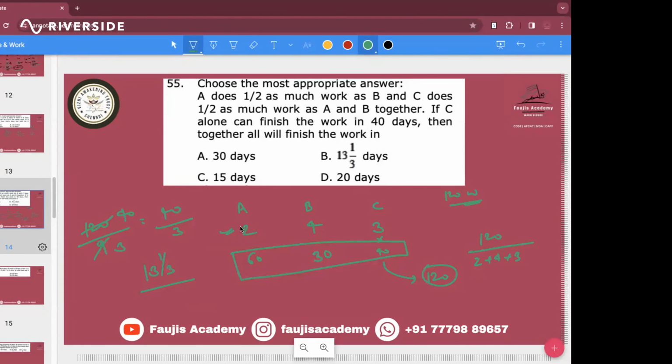So A plus B together is 6, half of it is 3. C finishes off in 40 days, that means in 40 days C is doing 120 units of work. That means this is our total work. To reach 120, you will have to work for 30 days and you will have to work for 60 days. And then this is their individual timing of finishing the work. And then we have found out how much time they will take to finish off the job together.